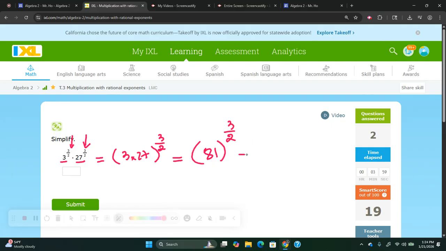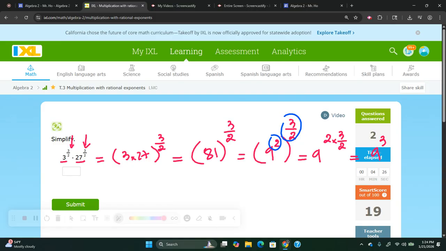Okay. 81 is actually 9 squared. Okay, 9 squared and then 3 over 2. So now we multiply these two exponents together. Okay, so now we have 9, 2 times 3 over 2. Okay, so that would be 9 power 3. Okay, 9 power 3. So let's use a calculator.